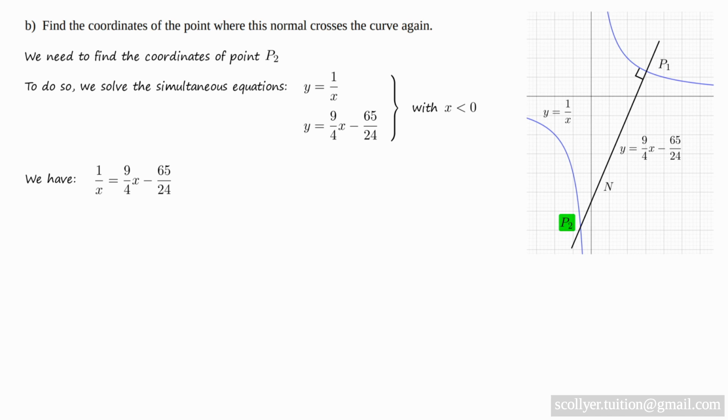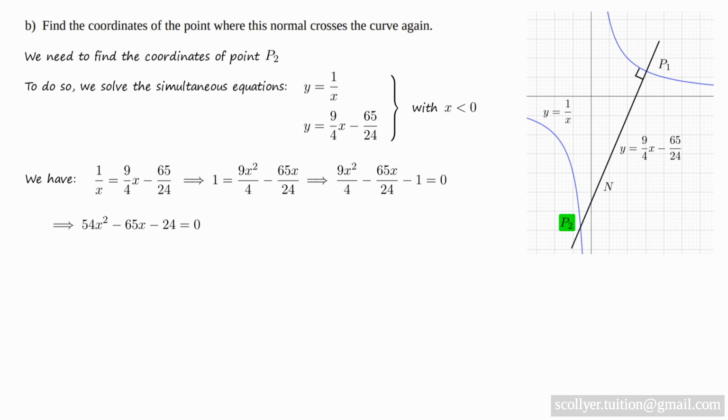We immediately have that 1 over x equals 9 over 4x minus 65 over 24, which, after some manipulation, gives us that 54x squared minus 65x minus 24 equals 0.